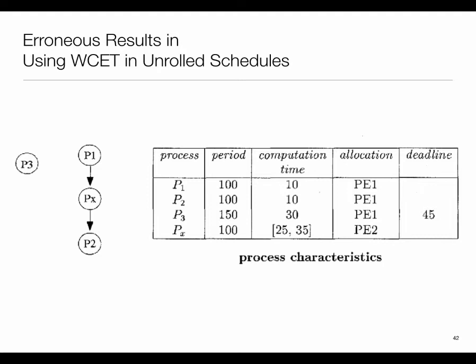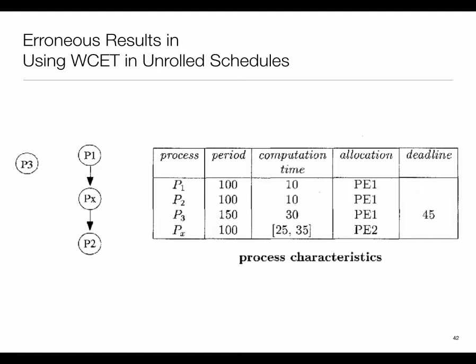Let's say we decided to put P1, P2, and P3 on processing element number 1, and Px on processing element number 2. And let's say my overall system is such that P3 has a deadline and must finish by 45.